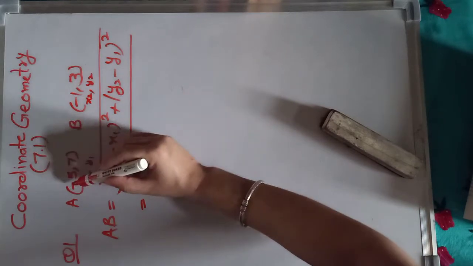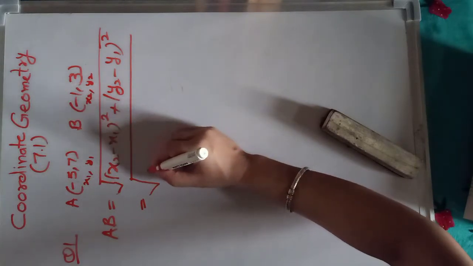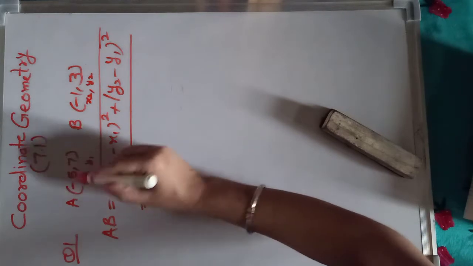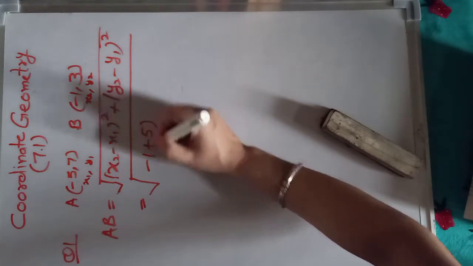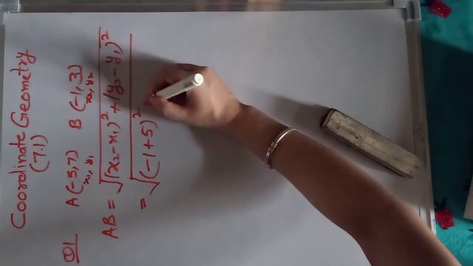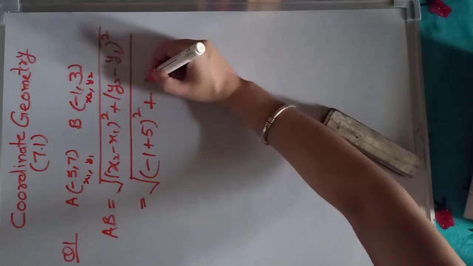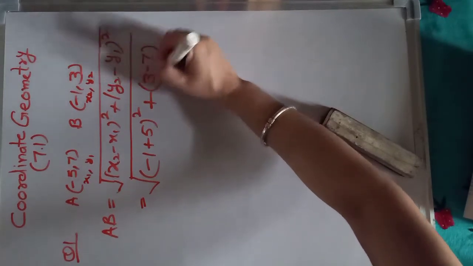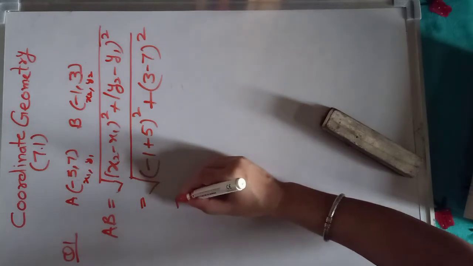Then x2 minus x1 whole square means minus 1, and minus of minus 5 will give you plus 5, and (3 minus 7) whole square.